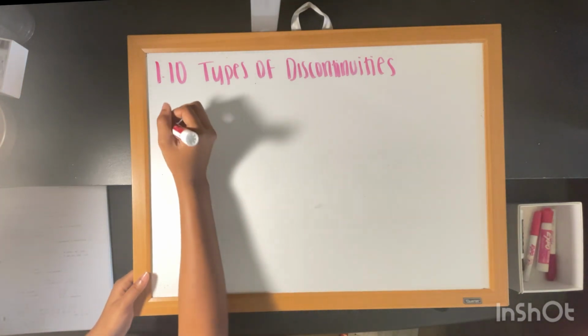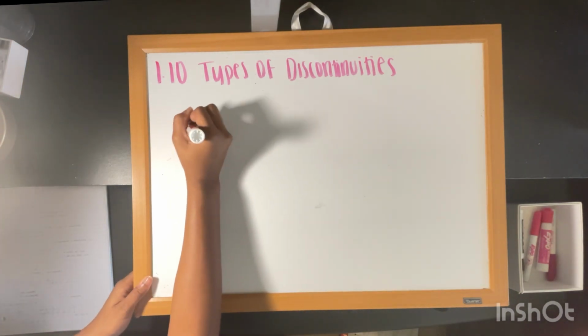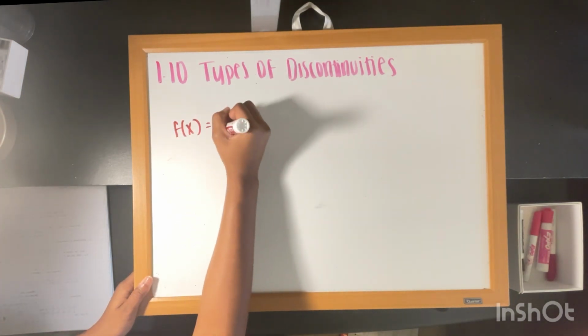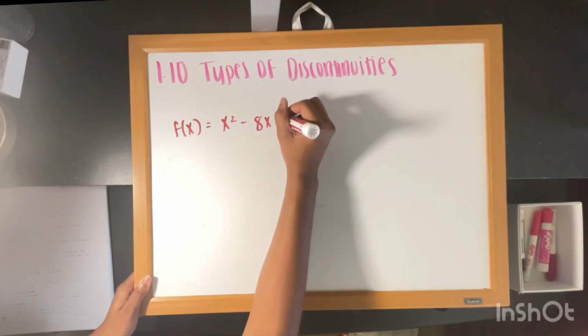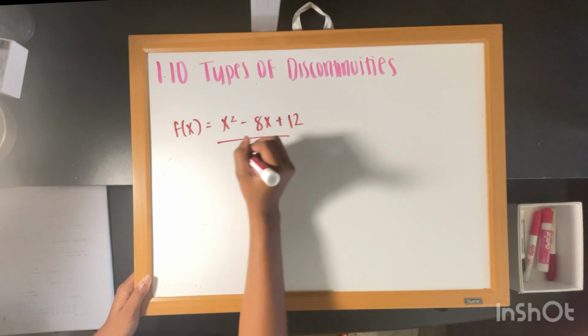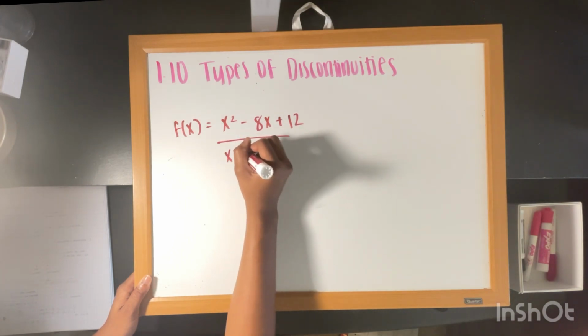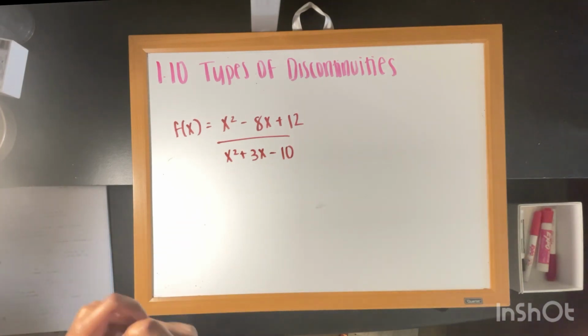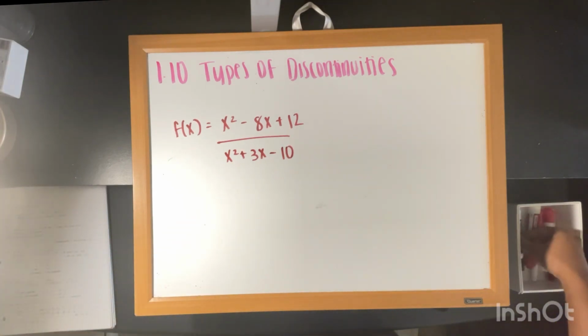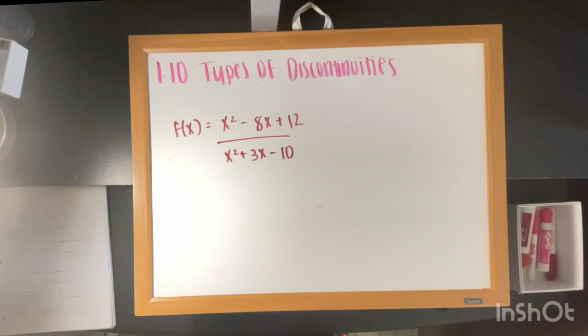If I had the function f of x equals x squared minus 8x plus 12 over x squared plus 3x minus 10, the first thing I would have to do is factor.